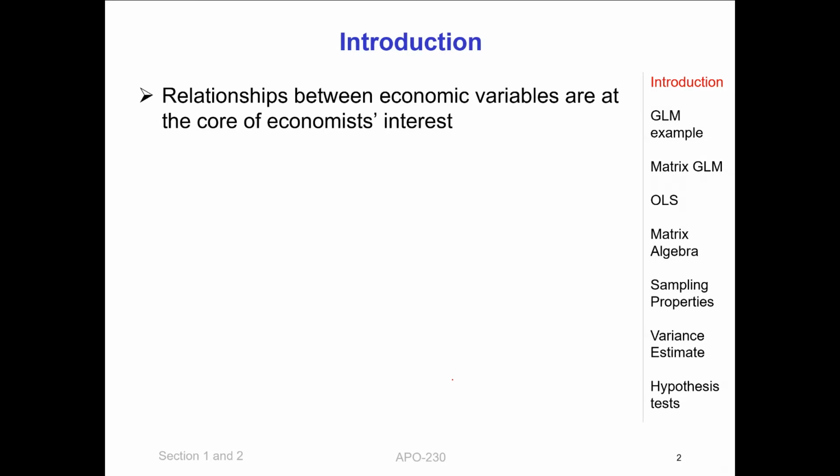Okay, like I mentioned last week, relationships between economic variables are at the core of our interest as economists now. So we really want to know what causes what. What is the effect of A on B, how B changes when A changes. For example, I remember during micro class, I mentioned to you the assumption of profit maximization of firms.